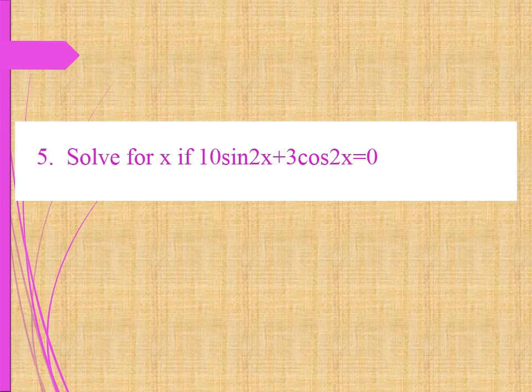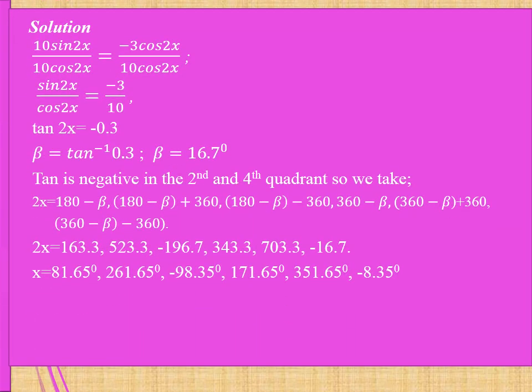Then we go to question 5. Solve for x if 10 sine 2x plus 3 cos 2x is 0. Solution: we are going to take 3 cos 2x to the other side.